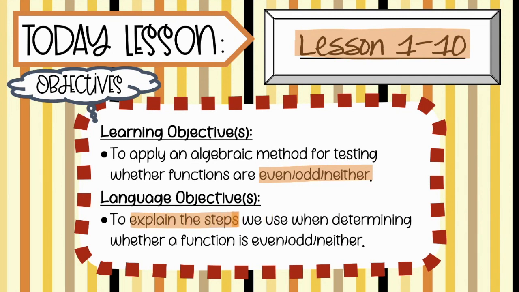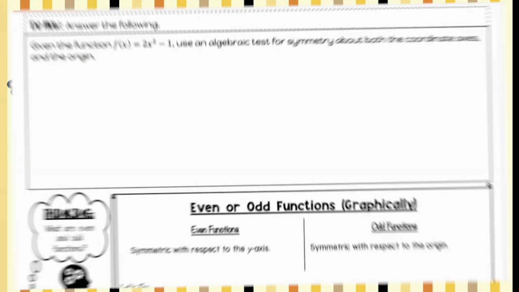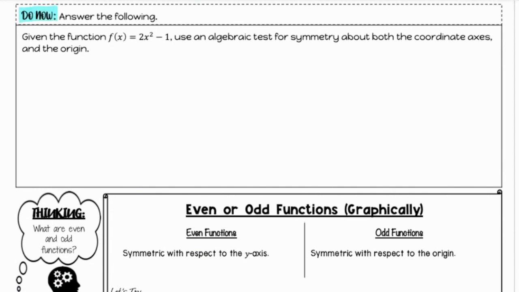So let's take a look at our do now. For today's do now, we are given a function f of x and we want to find its symmetry. We're going to use an algebraic test to determine its symmetry. I want you to pause the video, do the 3 tests, and see which of the 3, if any, the function is symmetric to.